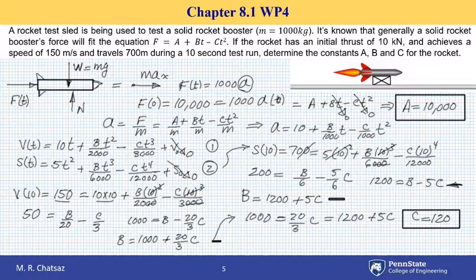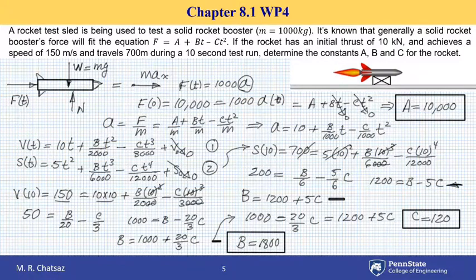So let's write B equal to 1800. So now I have the constants.